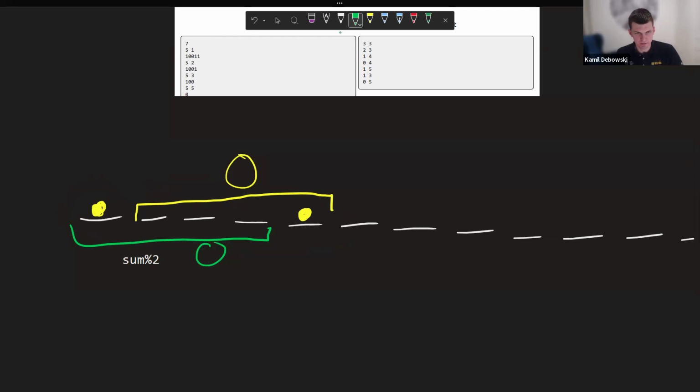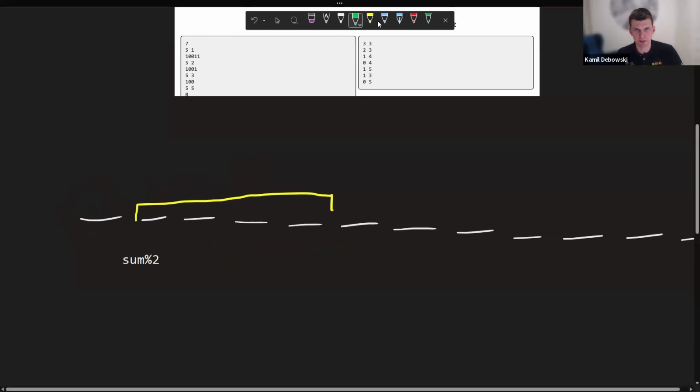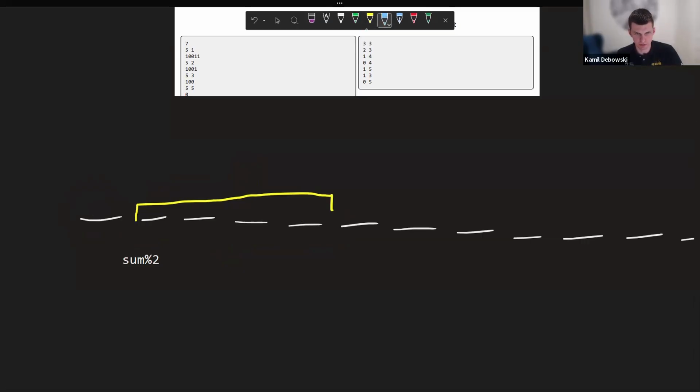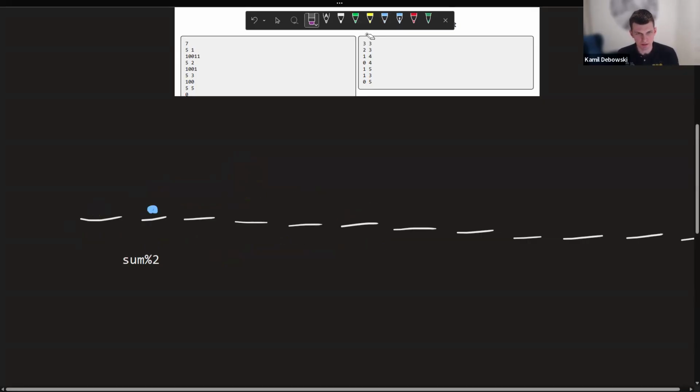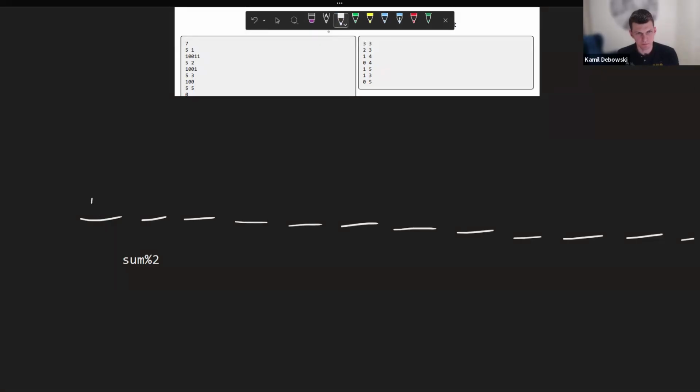And then this thing continues with something similar. If you know the sum of this yellow range, and then we look at this blue one, we have a comparison of this bit versus this one. We know if it's the same or different. If we keep going like that, what we will get is, for every bit, we will know if it is the same or different than the bit k positions later. So maybe here we know that it's the same as this position.